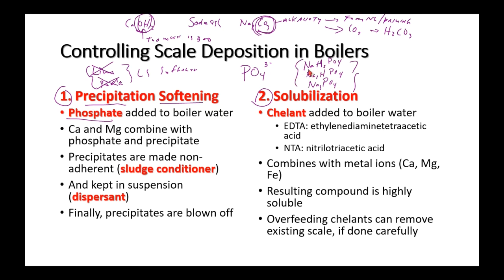So what do these have in common? Sodium, sodium, sodium, which means that they are very soluble. And they don't precipitate, they don't form scale. The other thing they have in common is phosphate.